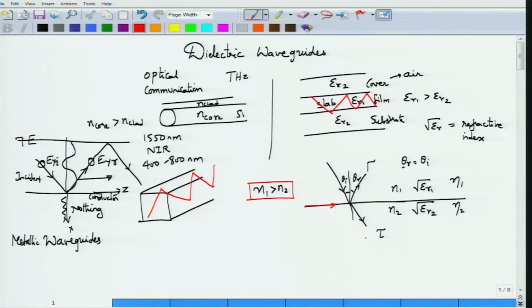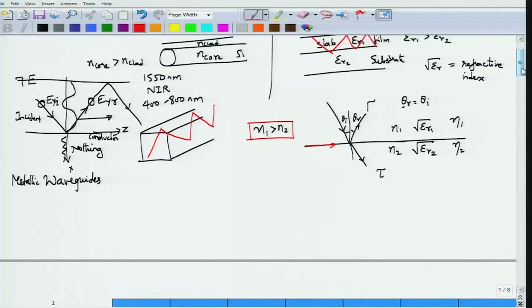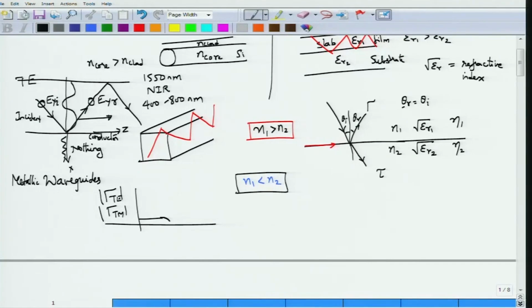Alright. Now consider what happens when n1 becomes less than n2. So assume that n1 is less than n2, what would happen to this particular scenario? We saw that if you were to plot R TE, which was the reflection coefficient, or you can think of this as gamma TE with whatever the notation, or gamma TM, and you plot the absolute value, what you found was the reflection coefficient had some value, but after a certain angle it went up and then it became 1.